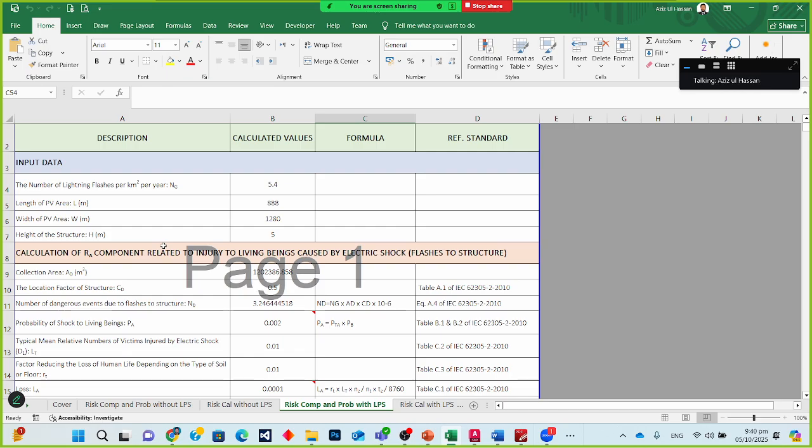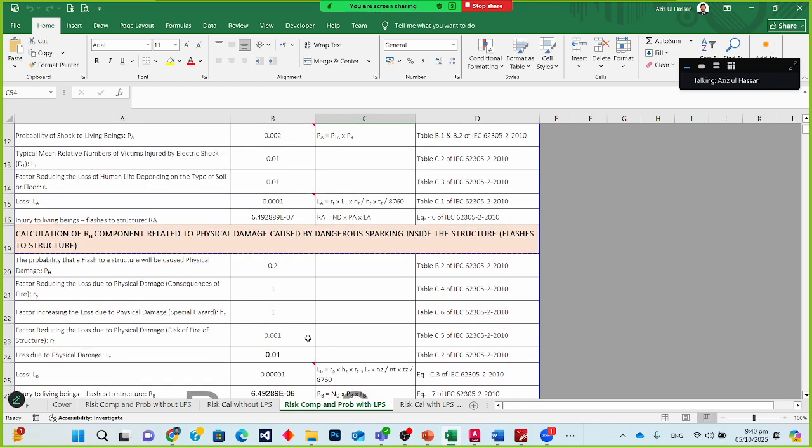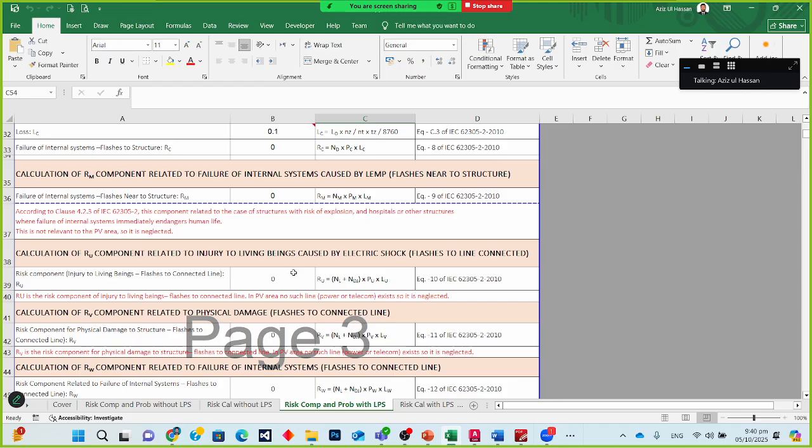Again, the IEC standard 62305 gives us the protection values. In 62305-3, Table 1 and Table 2, they give us the protection options, what type of protection we will give. Here we have given a lower protection, the level 4 protection, and we have calculated our risk analysis one by one again.